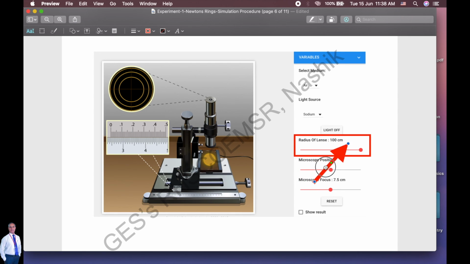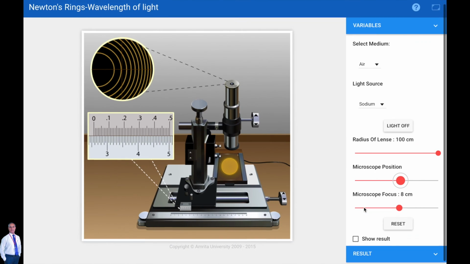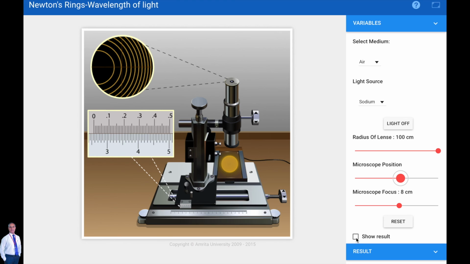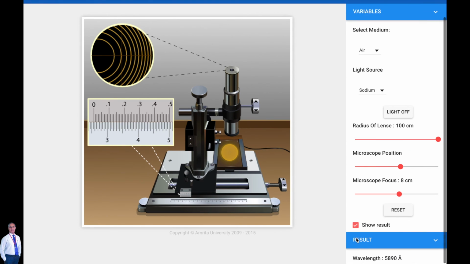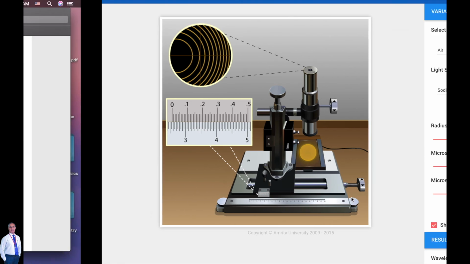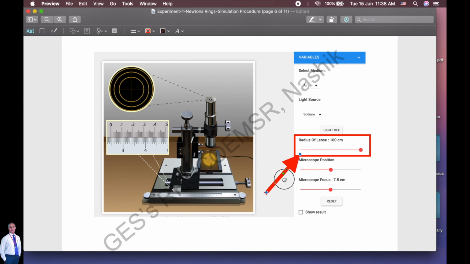Once it is 100 centimeter, if we want to confirm it from the simulation, let's go back. Here is Show Result. If you click Show Result, here is the wavelength 5890 angstrom unit. We have taken 5893 angstrom unit as the standard value, and look at this screenshot. The radius of lens is 100 centimeter.